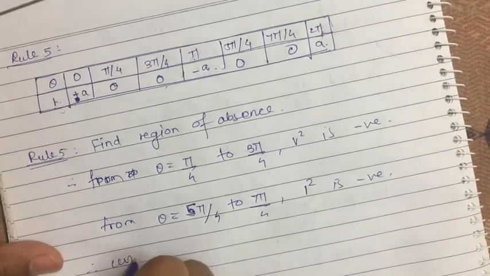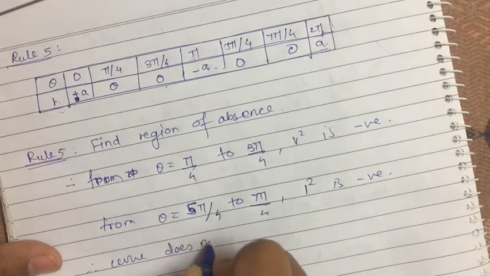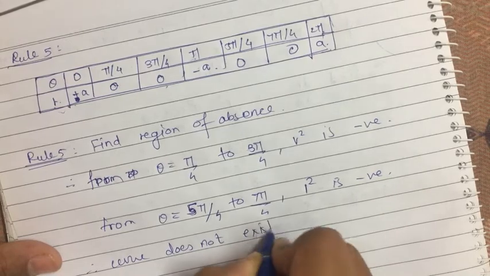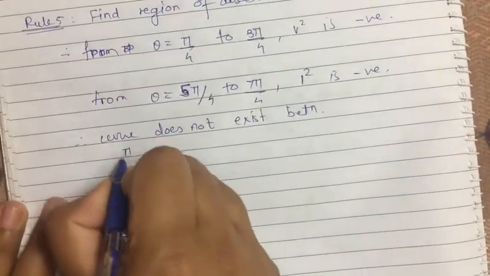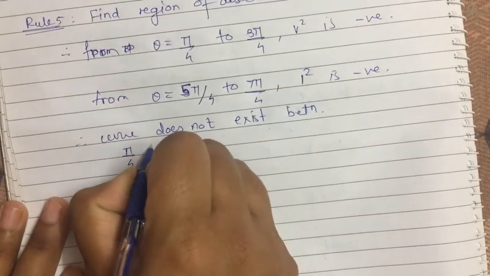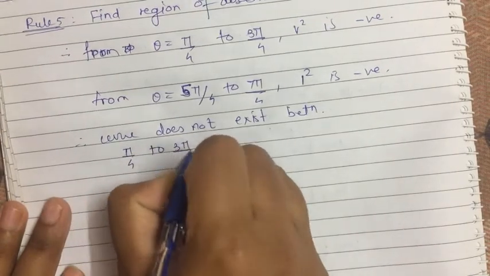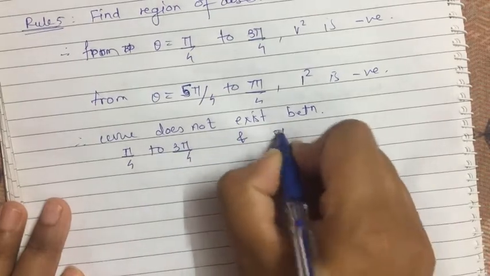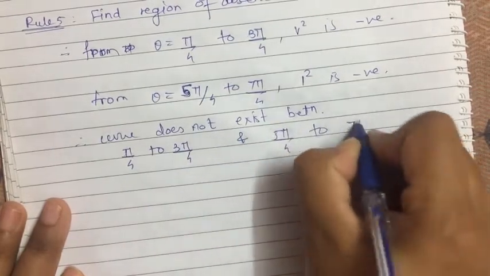Therefore, the curve does not exist between pi by 4 to 3 pi by 4 and 5 pi by 4 to 7 pi by 4.